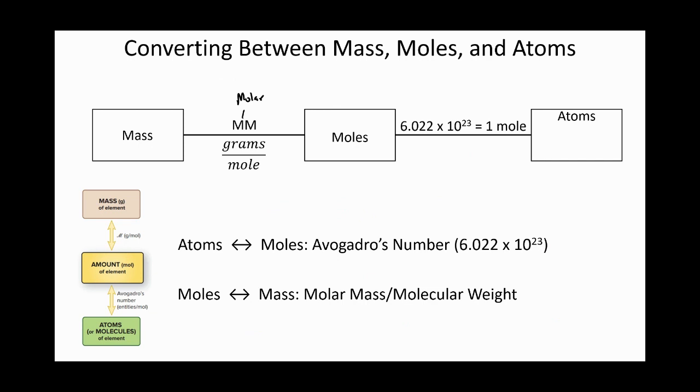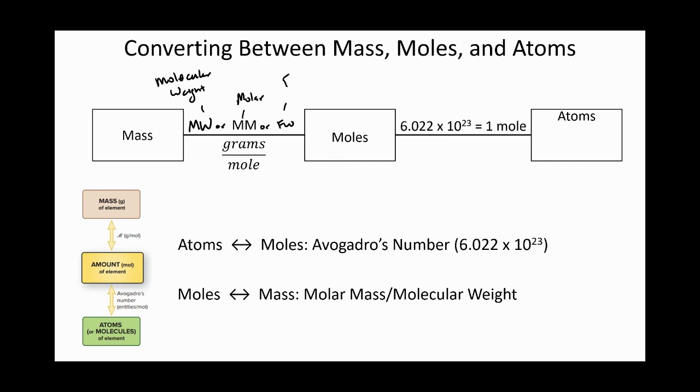And then to go from moles to atoms, we used our Avogadro's number. Now we're going to add 2 more things. We're going to add the molecular weight. This is your molecular weight, so the weight of a molecule, or the formula weight.